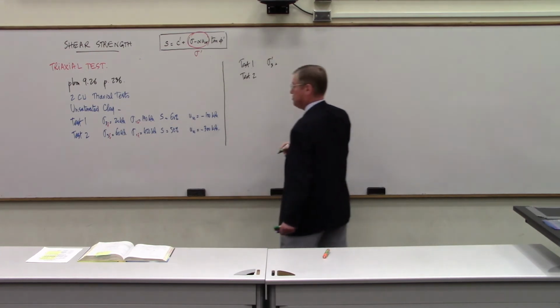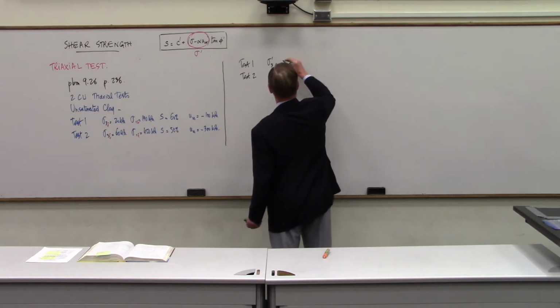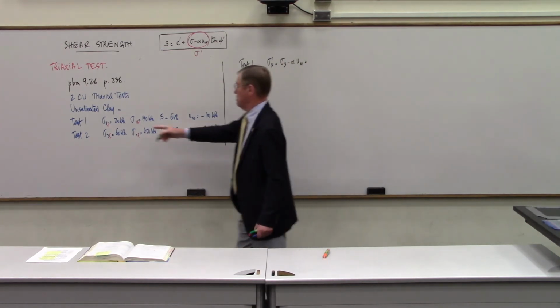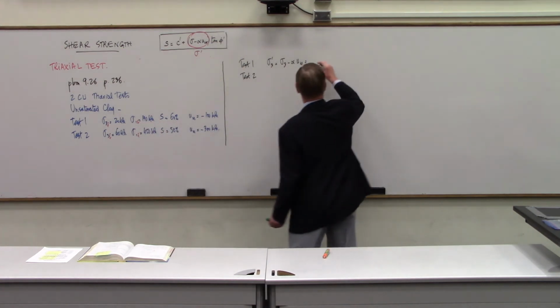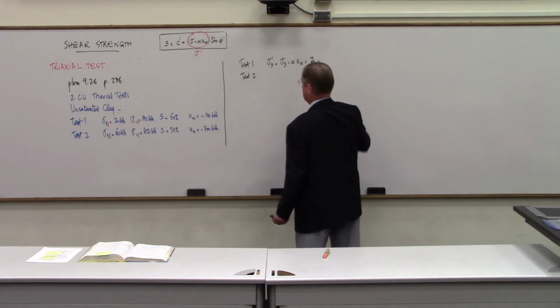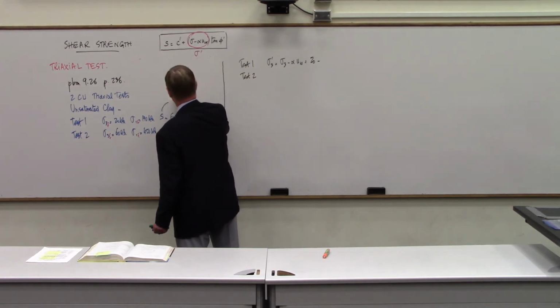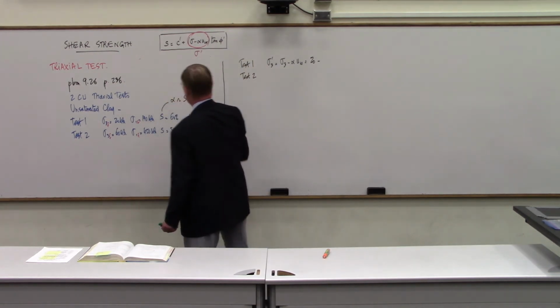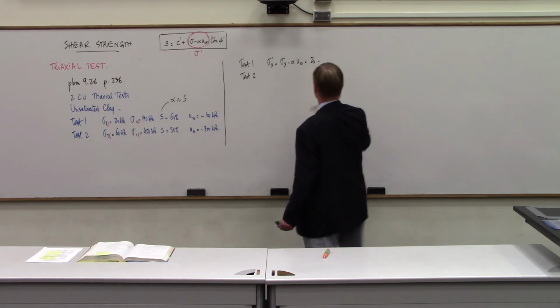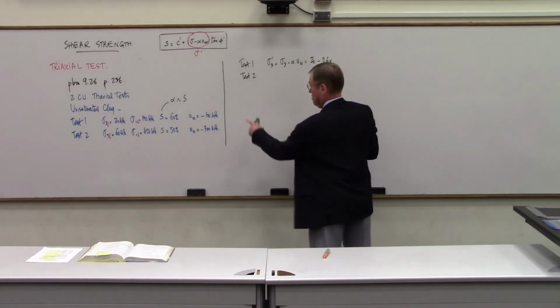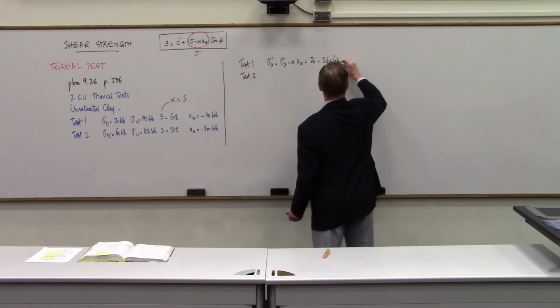So sigma prime 3 is going to be equal to sigma 3 minus alpha u_w, equal sigma 3, 120, minus alpha, we're going to estimate alpha by S as a ratio, so 0.6 times minus 100.